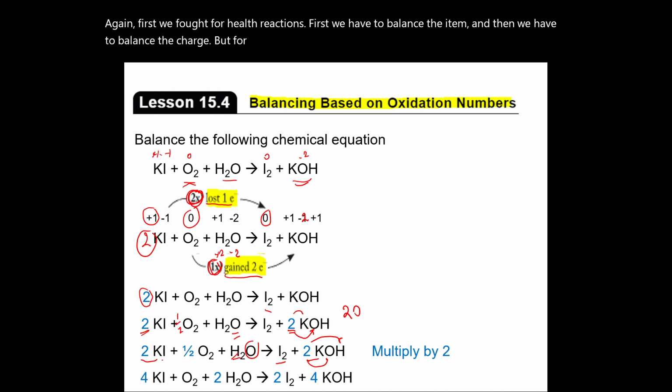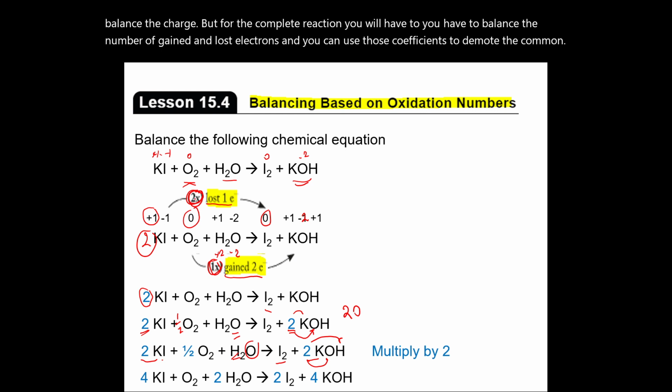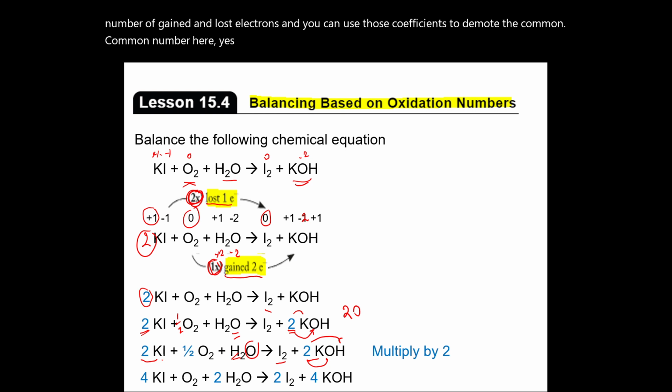But for the complete reaction, you have to balance the number of gained and lost electrons, and you can use those coefficients to find the common number. So you got the point here.